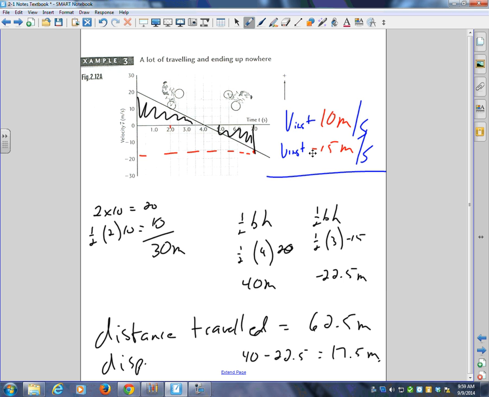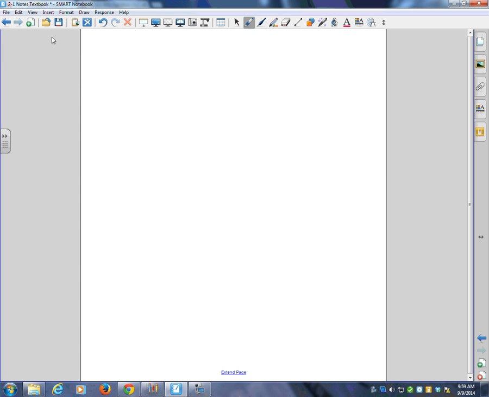Now, in number two, this is what they want. 2 and 3 can be a little confusing. Let me do the first part of 2 and 3 just to get you started. Okay? Let's do the first one in number 2 together. Draw a representative VT graph showing uniform motion forward. So they want me to draw a VT graph of uniform motion forward.